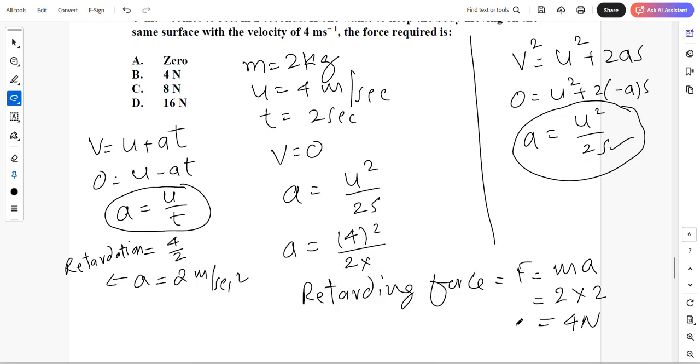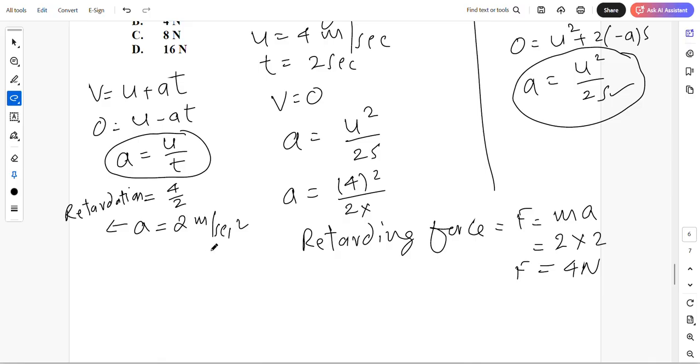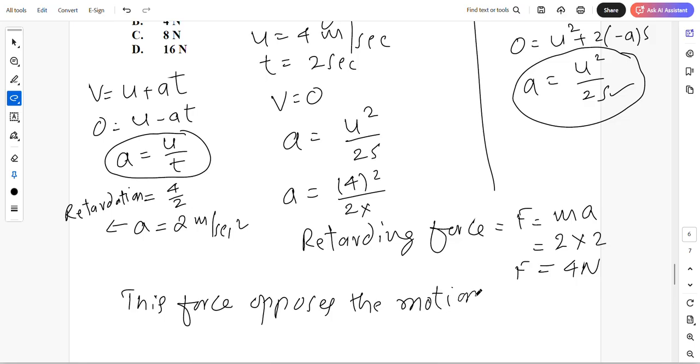What does it mean? This is the retarding force. F is equal to 4 Newton. It means that this force opposes the motion. Right. It stops it.